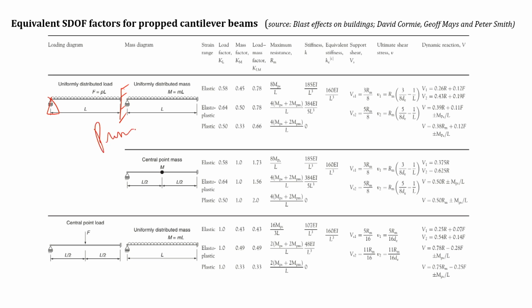We saw a simply supported uniformly distributed system and a cantilever system, and now we are seeing a propped cantilever system. For all these systems the different load mass factors are evaluated.